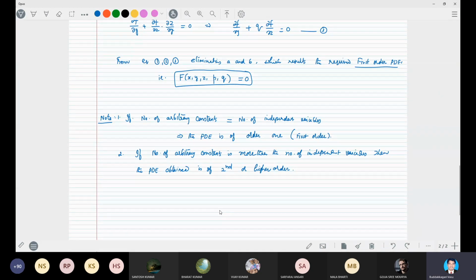Higher orders are not preferable. You have to write the lowest order of the derivatives, the lowest order of the differential equation to be formed. It cannot be said that it will be third order or fourth order. Right? Right, sir. We cannot expect.